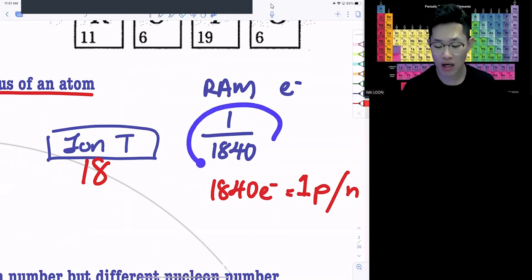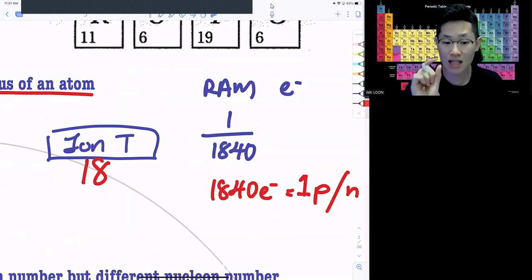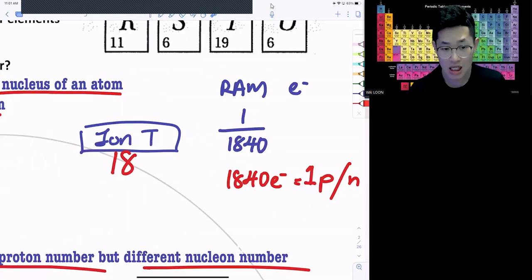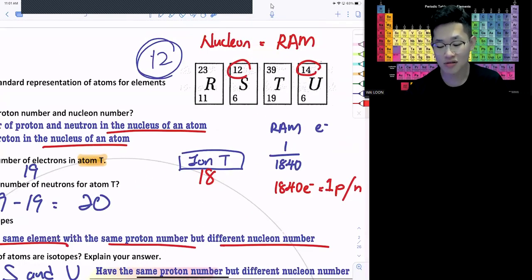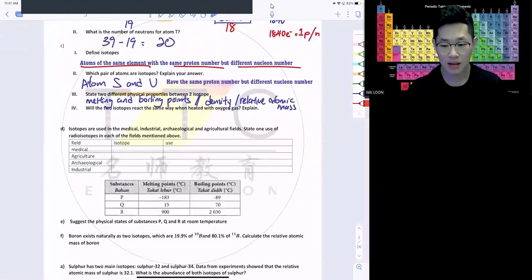So 1/1840 means you need 1,840 electrons to have the same mass as one proton or neutron. The mass is very light, so we will actually ignore the mass of the electron. Okay, so nucleon number is the relative atomic mass in your syllabus. All right, okay, next.